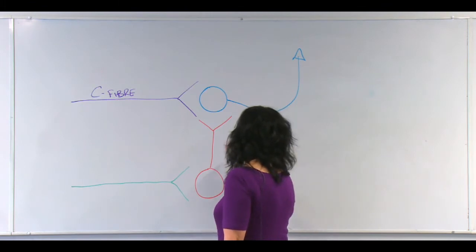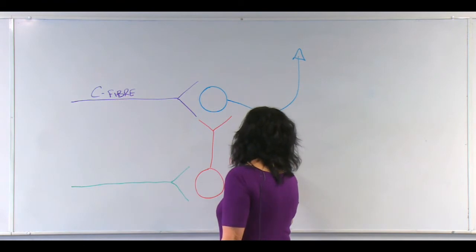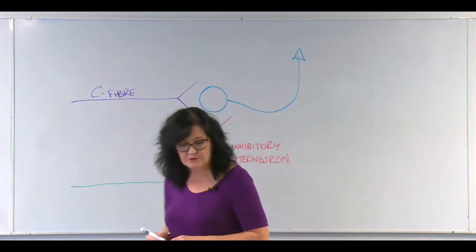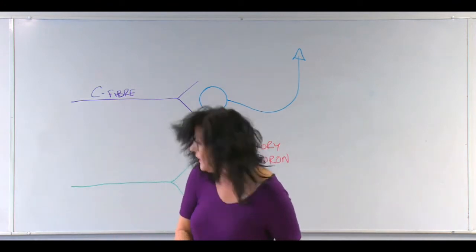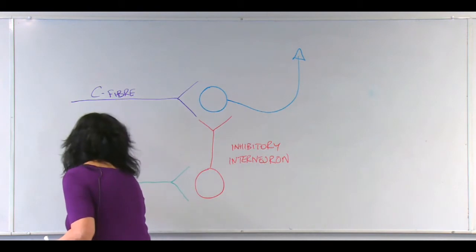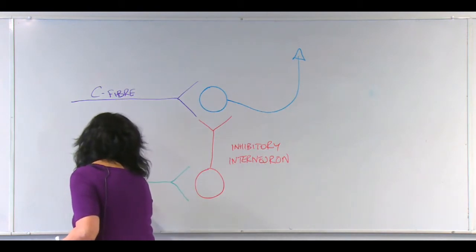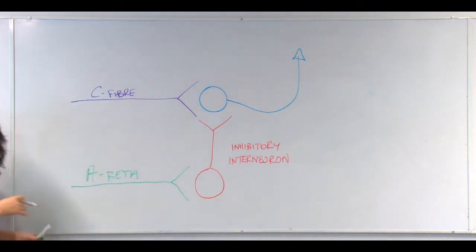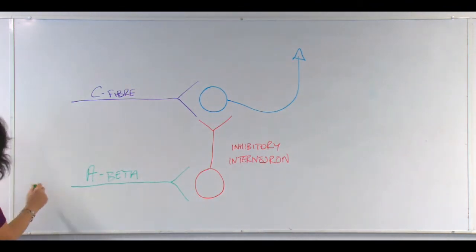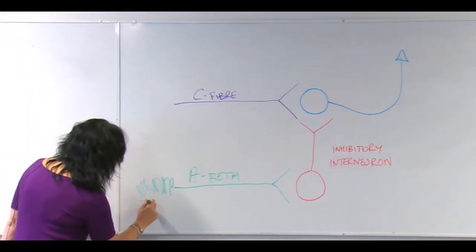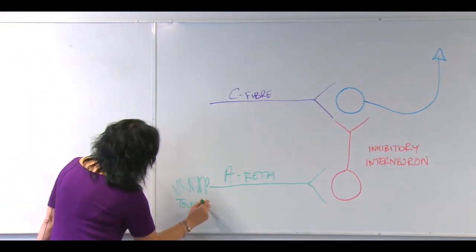Remember, all this is happening within the dorsal horn. And there we had our, let's label it, our A beta fibre. Just for the sake of argument, let's put a mechanoreceptor on the end of it to show that it responds to touch, not pain.